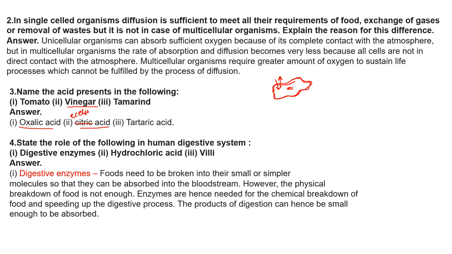Now coming to the next question: state the role of the following in the human digestive system. Digestive enzyme, what is the role of digestive enzyme? What is the role of hydrochloric acid, that is HCl, and what is the role of villi? Now let's do the digestive enzyme first. We know that food is very complex.